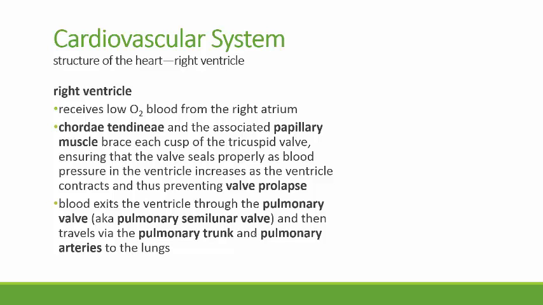So the blood then, as the right ventricle squeezes, as it contracts, exits through the pulmonary valve, or pulmonary semilunar valve, whichever one you wish to call it, and it travels through the pulmonary trunk and then splits to the right and left pulmonary arteries, which then become smaller and smaller until those blood vessels become the capillaries of the lungs.